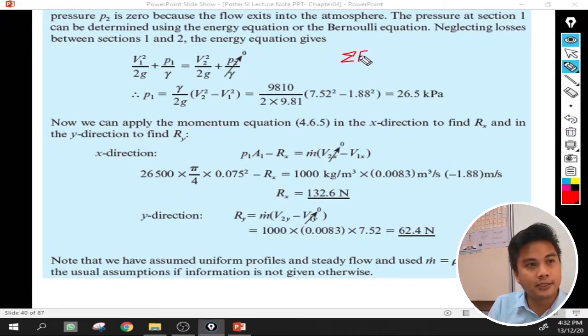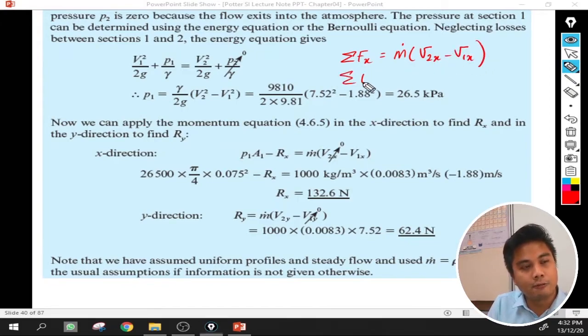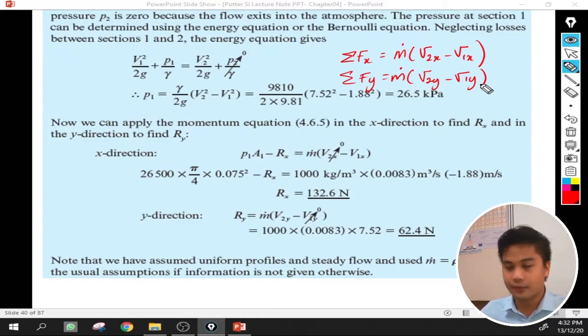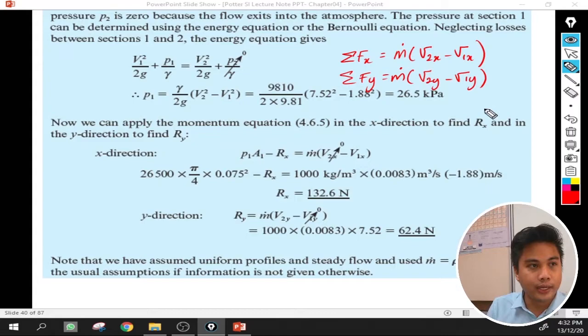The summation of force in the X component is equal to mass flow rate times V2x minus V1x, and the summation of force in the Y component is mass flow rate times V2y minus V1y. So here, in the X component, when the force is going to the right, it is positive. Pointing upward, it is positive.